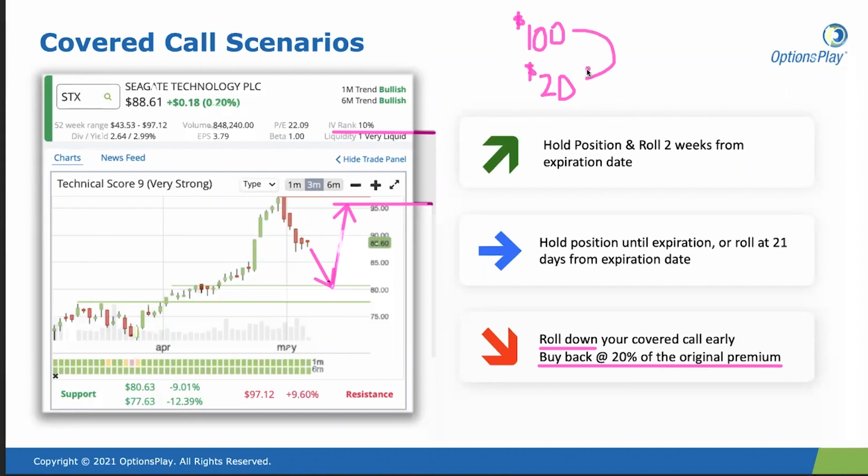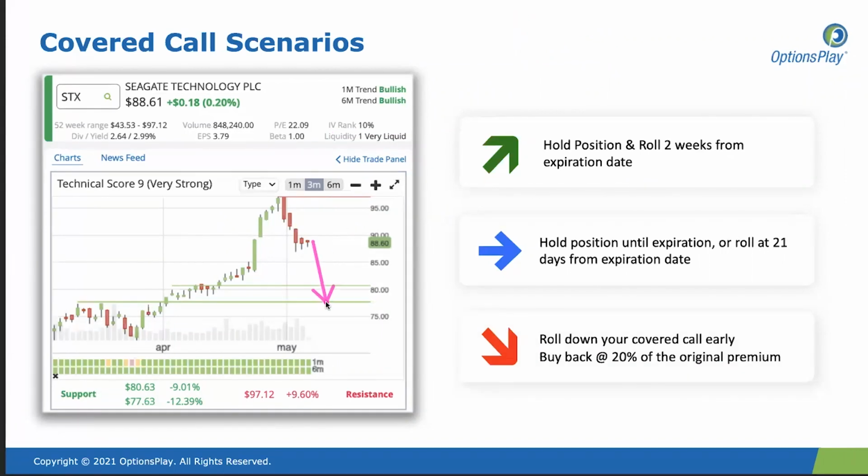So you basically are collecting $80 of the total profit potential effectively immediately, and then you can sell a new covered call and collect another $100 over the next 45 days. But the rule of thumb here is just only buy back a covered call if the stock plummets, and you can buy back the call for less than 20% of the original premium.